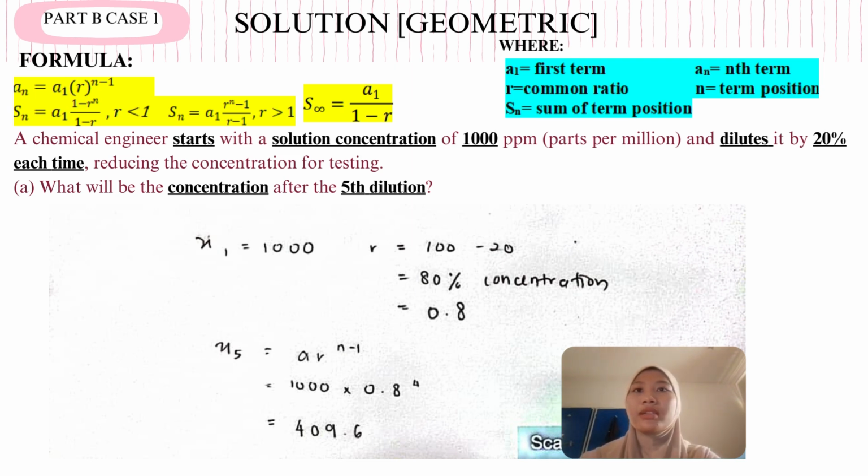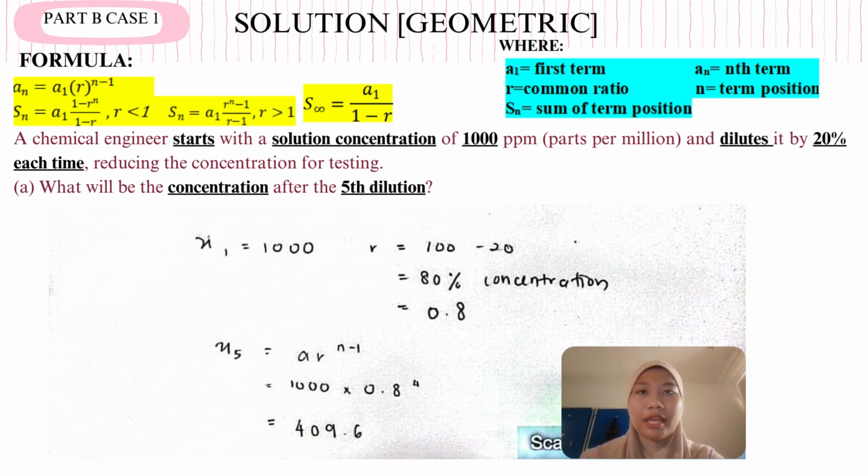So the question is, a chemical engineer starts with a solution concentration of 1000 ppm, parts per million, and dilutes it by 20% each time, reducing the concentration for testing.